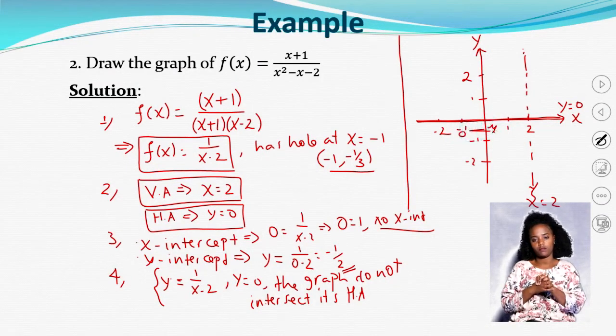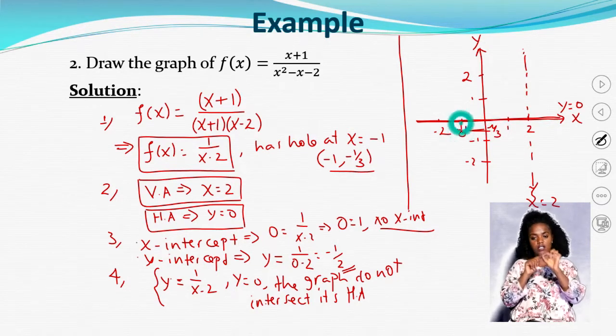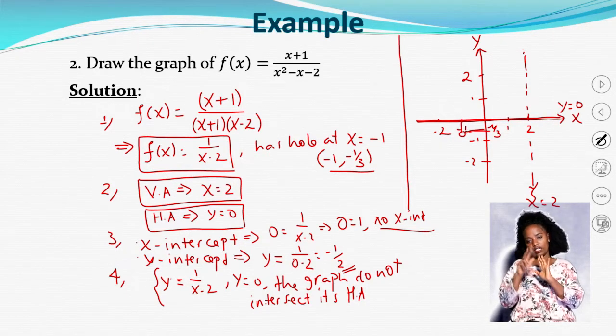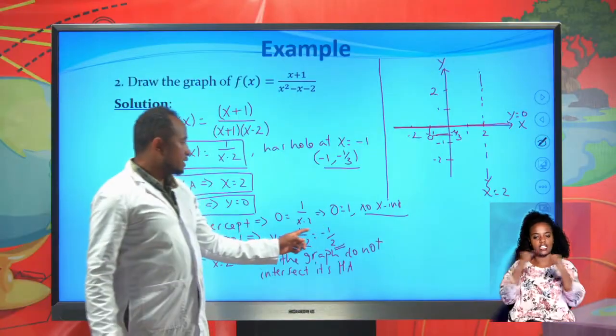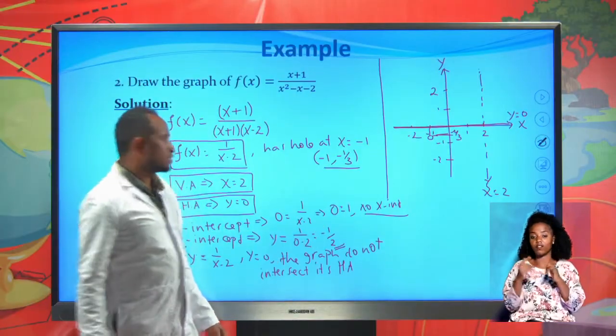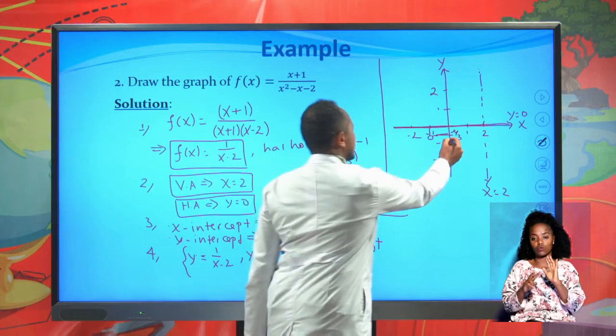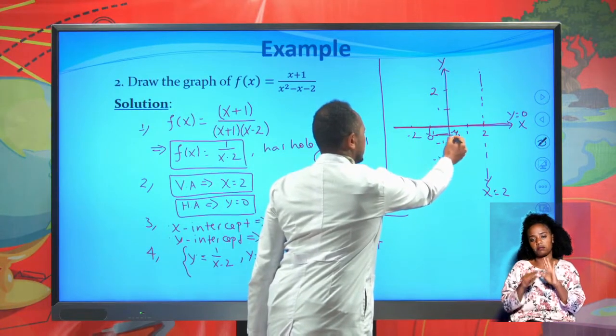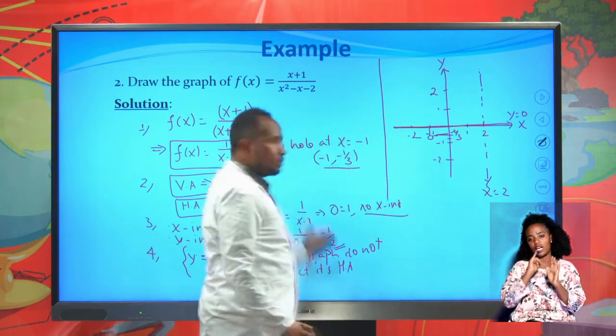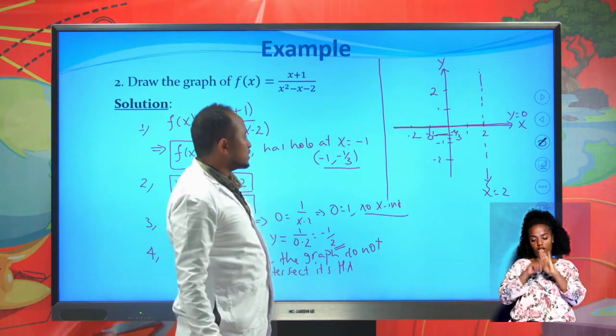Assume this one is negative 1 over 3. It has a hole at this point. Now, any intercept? It has a y-intercept. The y-intercept is at negative 1 over 2. So assume negative 1 over 3 is here, and the y-intercept is below negative 1 over 3.